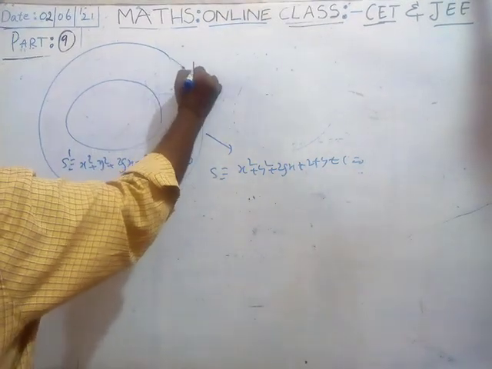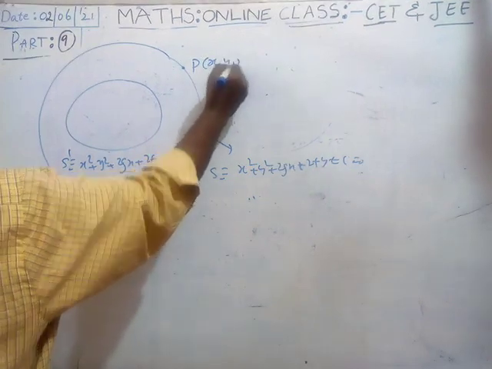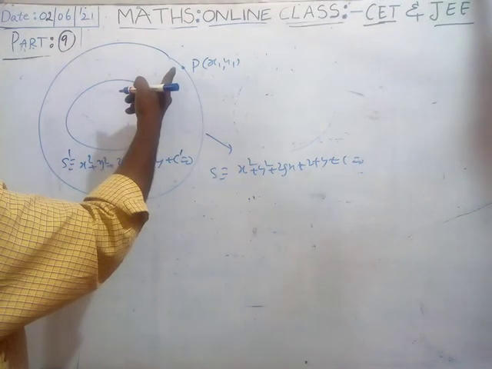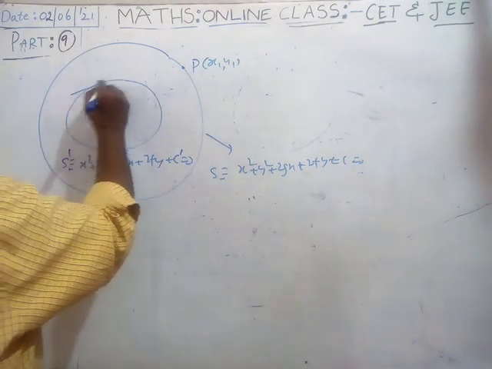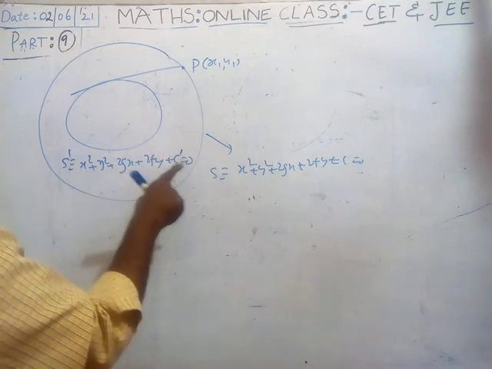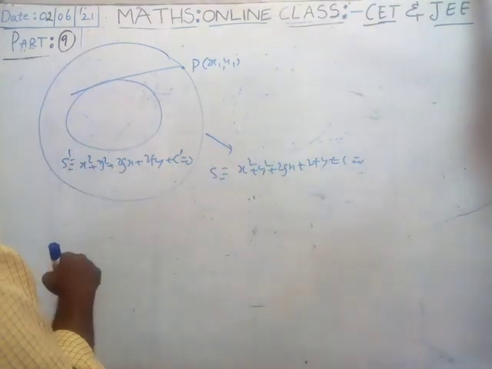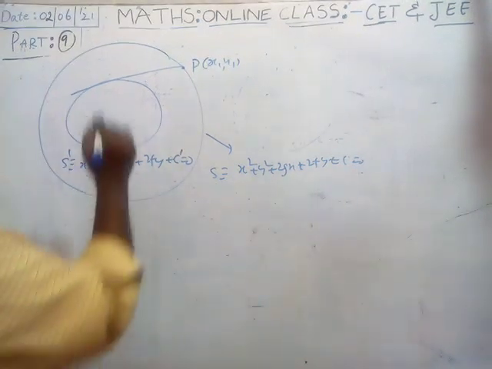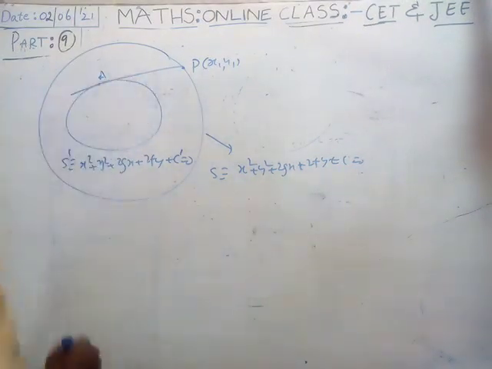There is a point P, x1 comma y1. It is on the first circle S is equal to 0. And from that point to this second circle S dash, the only difference is c and c dash. The remaining are the same. We have to find this distance.